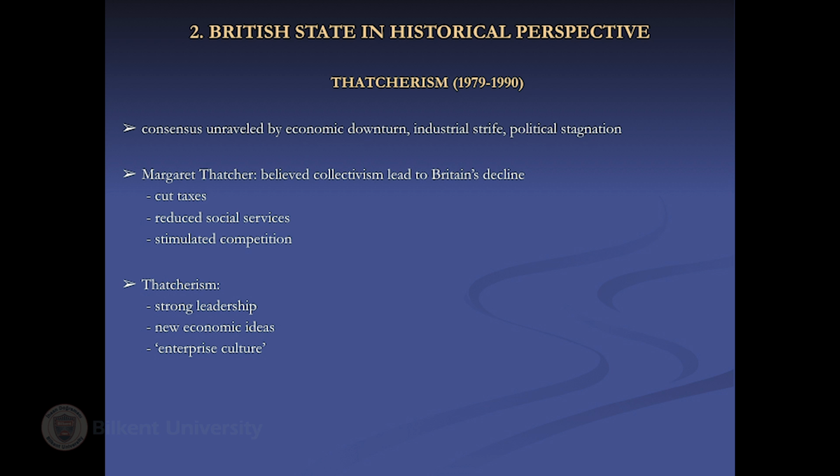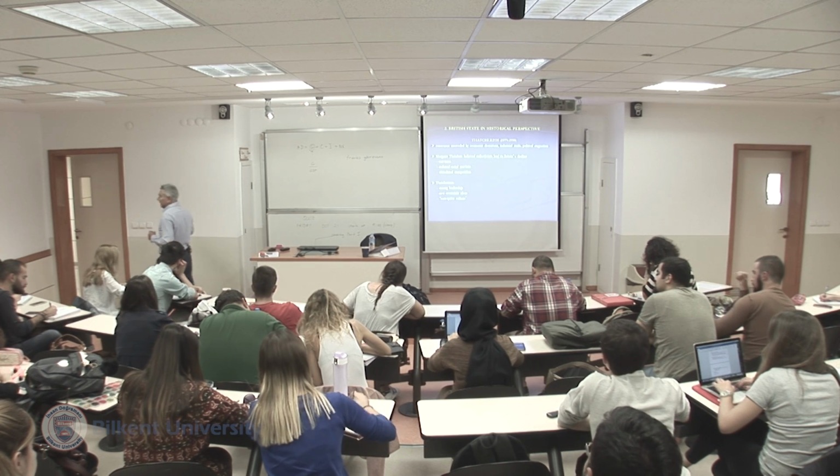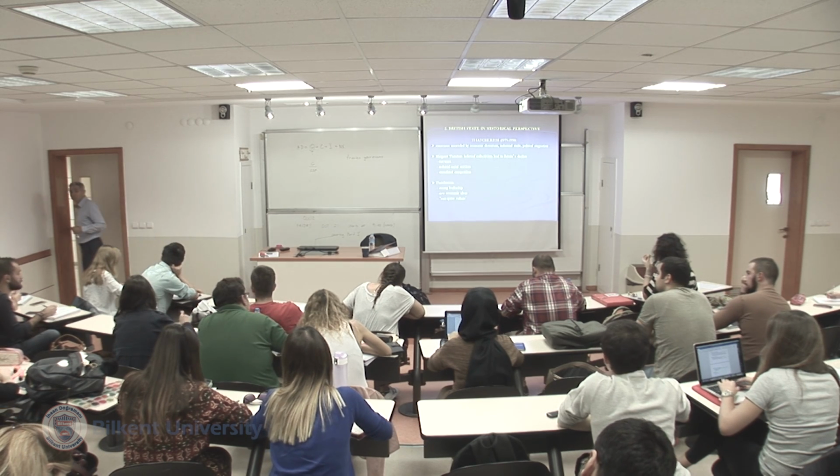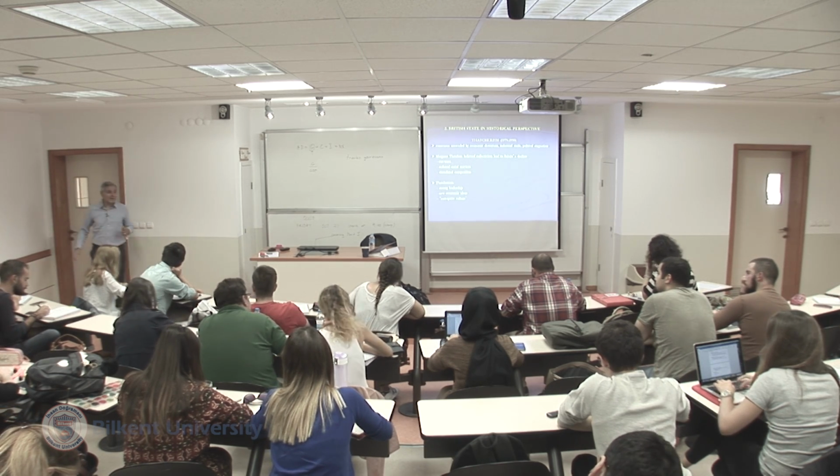But all this unravels with the onset of the Conservative Revolution that starts in Britain in 1979, that continues on the other side of the Atlantic with Reagan in the US. But not only there, also on the continent. Helmut Kohl, CDU, Christian Democrats come to power.